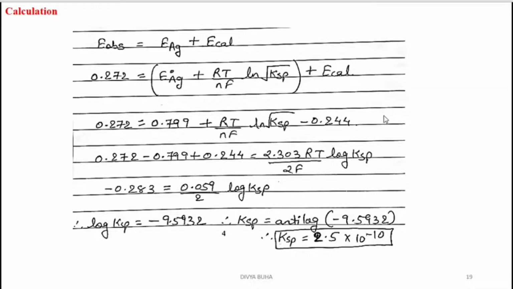The equation would remain the same for all of these, and these two values, that is 0.799, the oxidation potential of the silver electrode, and minus 0.244, the reduction potential of the calomel electrode, would remain constant. The temperature, gas constant, and Faraday constant we will be taking as constants.